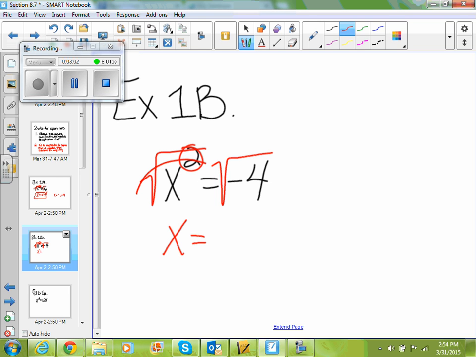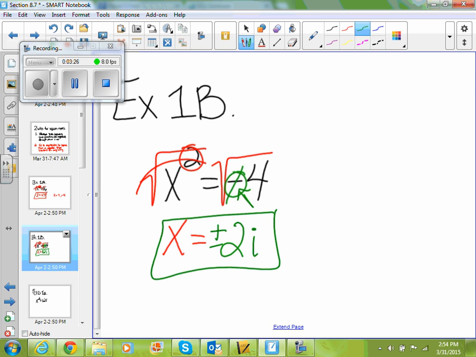Okay, so let's ignore the negative for a minute and just take the square root of 4. What's the square root of 4 give us? 2. And it's always positive or negative, right? Okay, but this negative sign told me that my solutions were imaginary. So right behind my 2, I put an i, and so my solutions are actually plus or minus 2i, or plus or minus 2 imaginary.